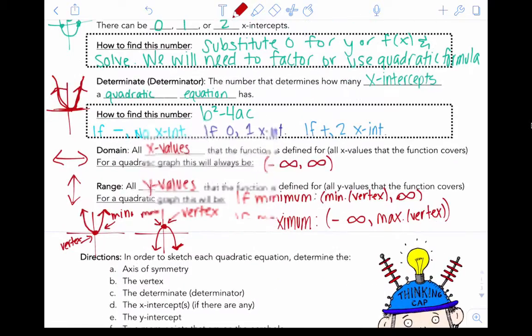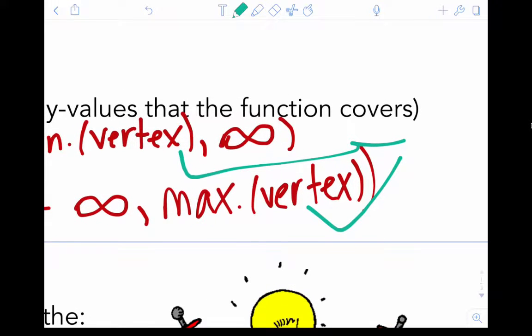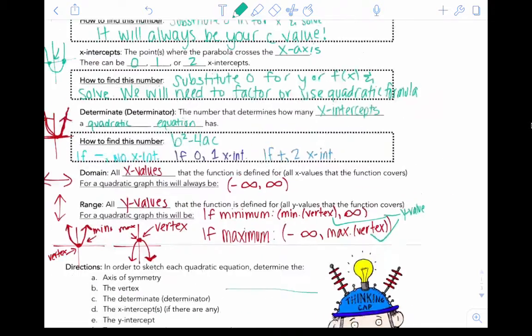So those are the two options there. When we're talking about the range, we're talking about the y value. So when I say the vertex, and when I say the maximum, then I'm talking about the y value of the vertex, or the y value of that maximum or minimum.